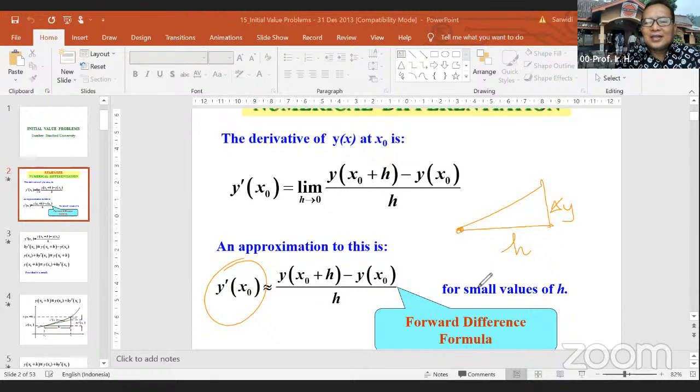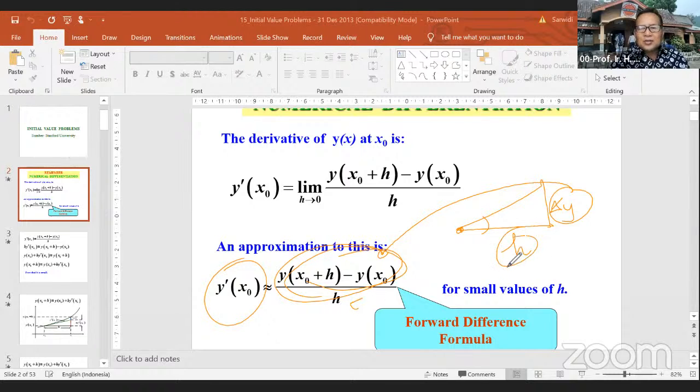So if y at x0 is the solution here, then delta y is this one, the numerator, and the denominator is h, because this is just an approximation.